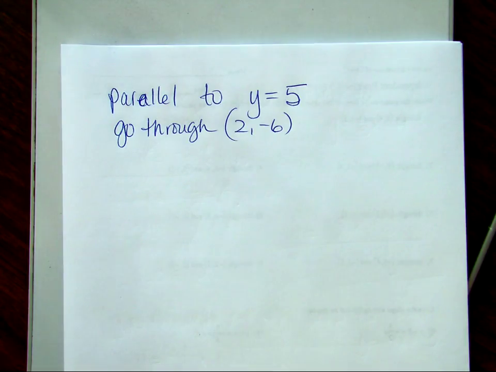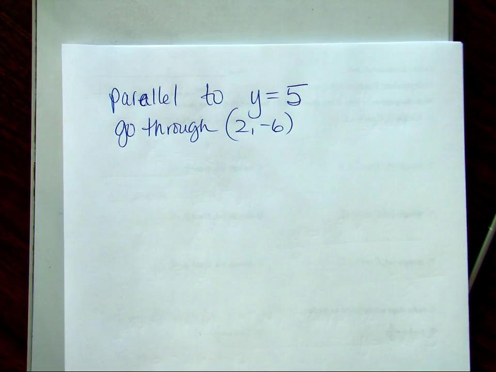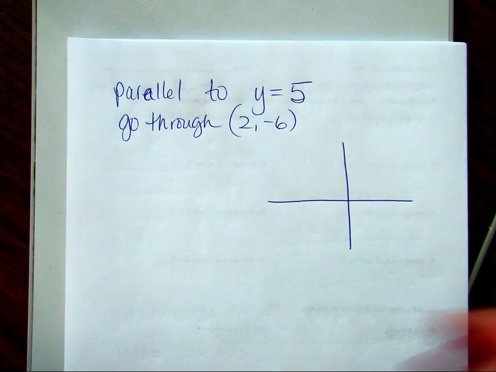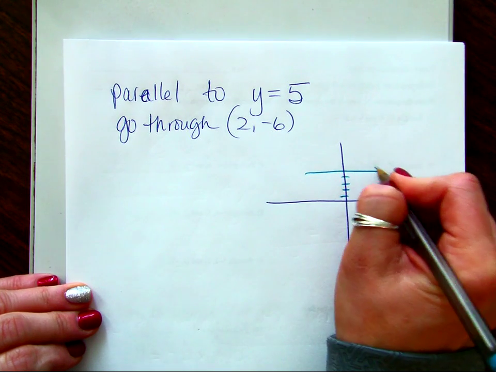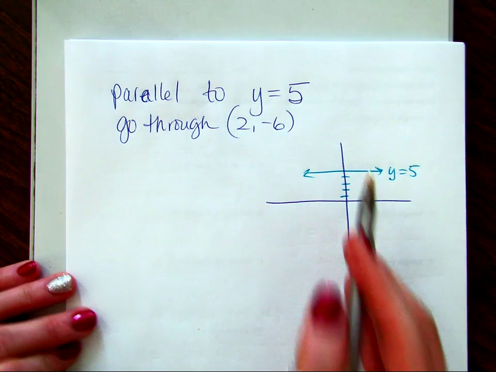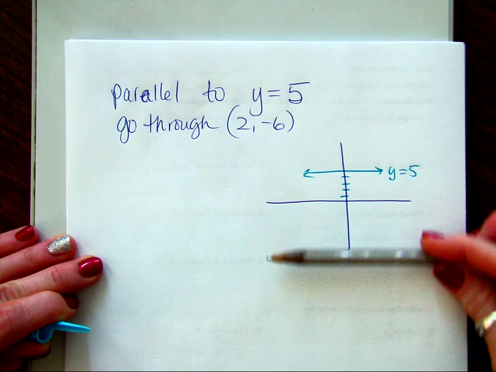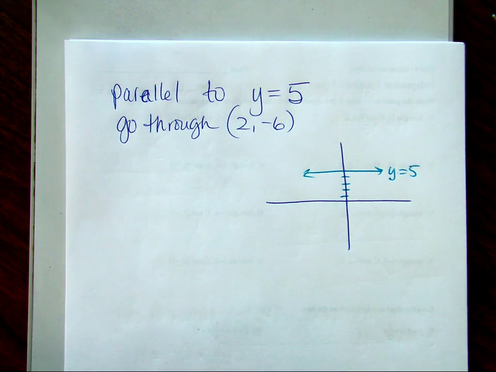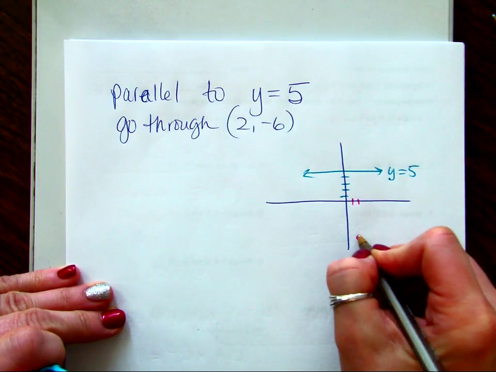Go ahead, Alex. Yes. So let's think about this. Here's my graph. Here is y equals 5. 1, 2, 3, 4, 5. This is y equals 5. I want it parallel to y equals 5, so it's got to stay horizontal. And the only way to write a horizontal is by a y, but I need it to go through the point (2, negative 6), which is way down here.